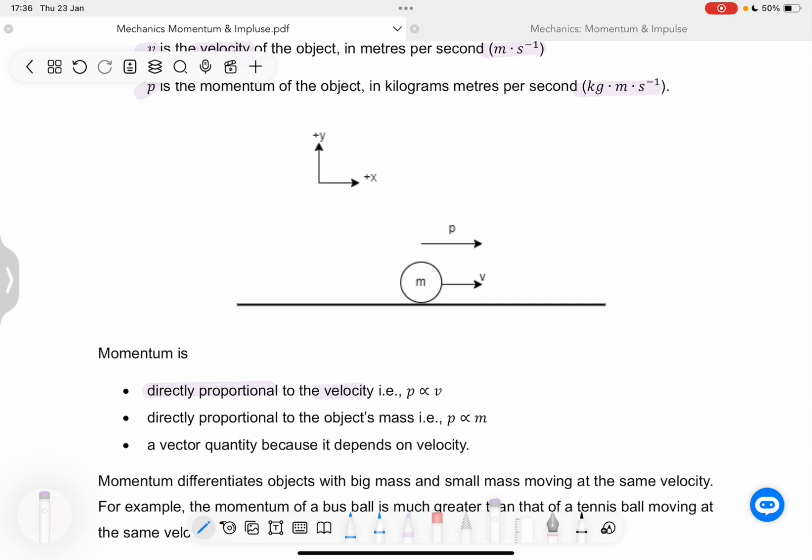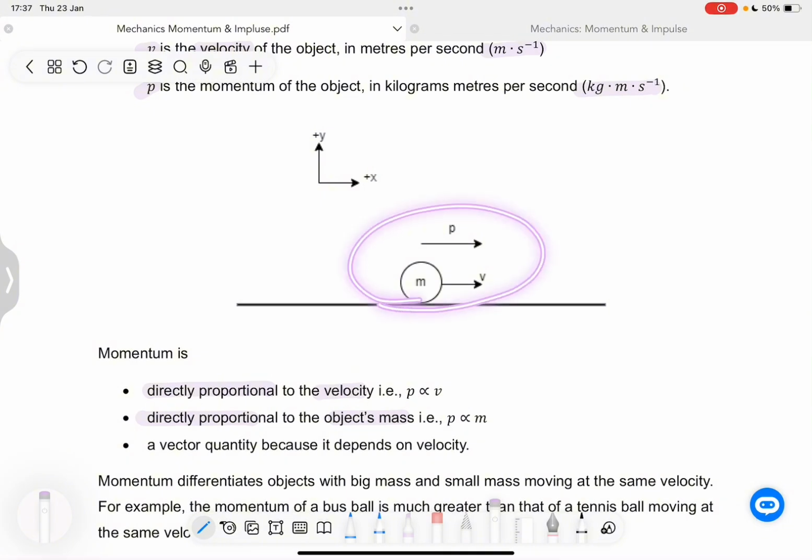The other relationship that we have is that momentum is also directly proportional to the object's mass. This again would mean that if the mass of the object increases, the momentum will also increase. However, you have to note something very important here.